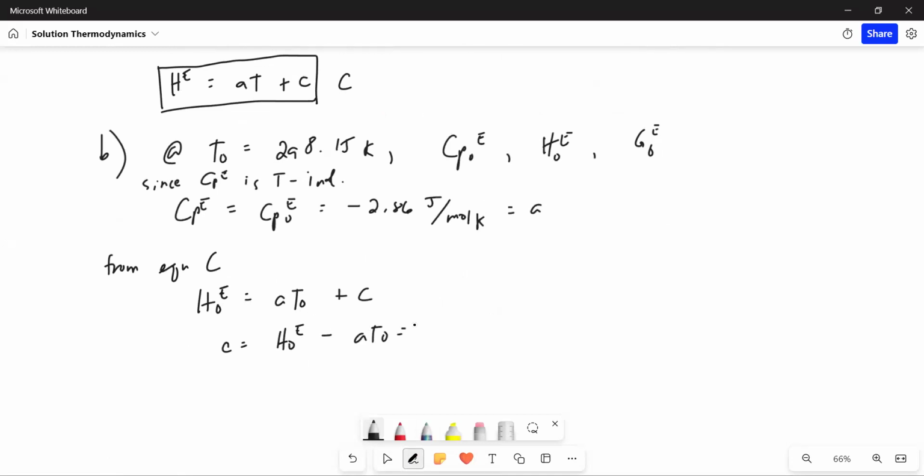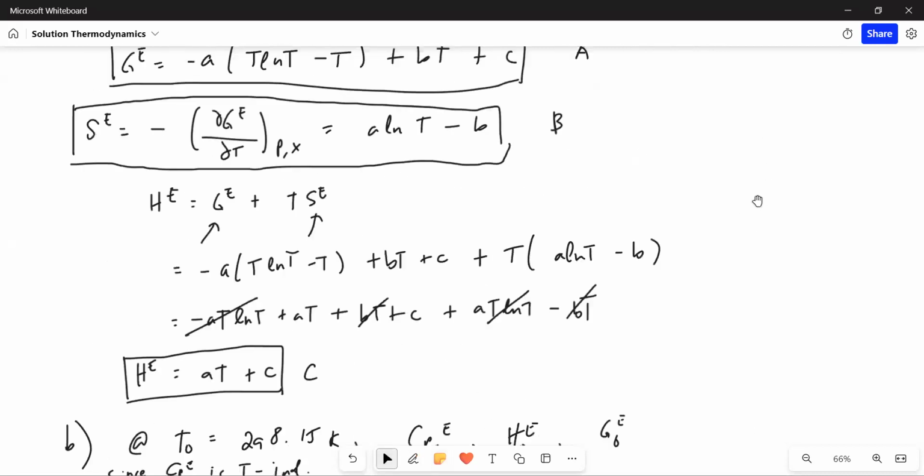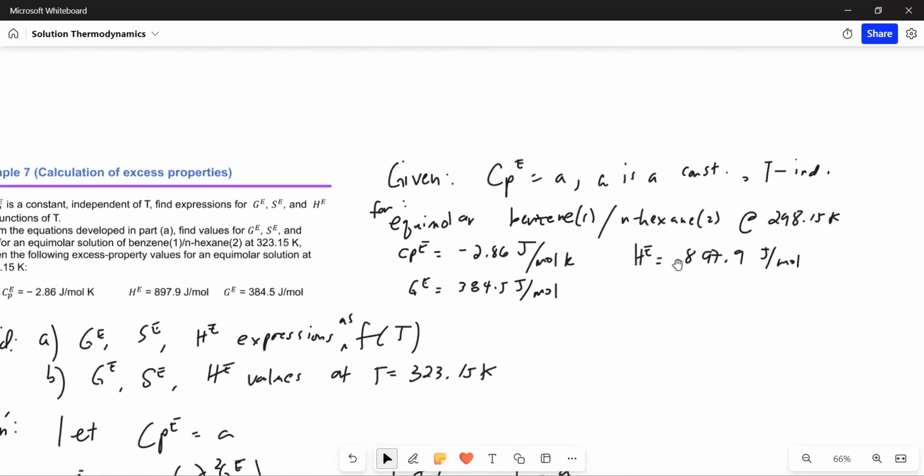And substitute HE naught. So that is given right here, because we let all of these properties at 298.15 be their reference state.